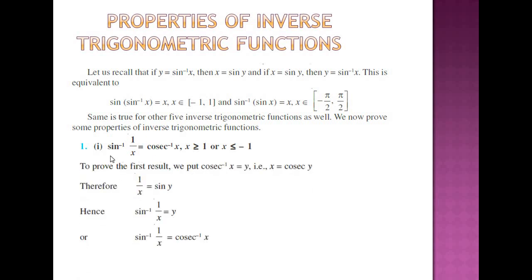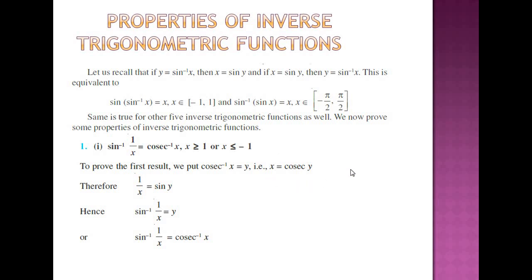So to prove this first result, we take cosec inverse of x as y, the RHS, right? The moment you take cosec inverse of x equal to y, x becomes cosec y. Can you see that? So if I take the reciprocal, you know that the reciprocal of x is 1 by x, and the reciprocal of cosec y is nothing but sine y, because sine y and cosec y are reciprocals of each other.